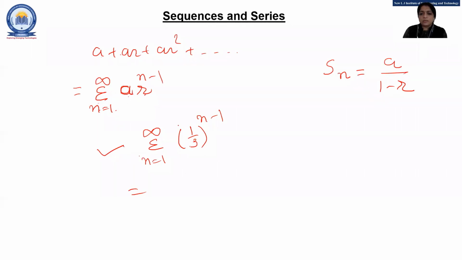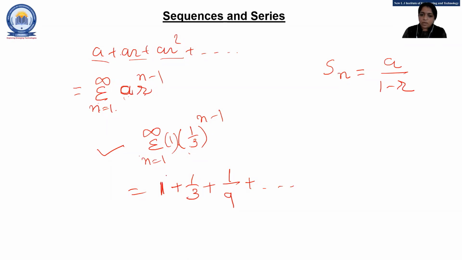If I want to write this series in the summation form, what is my first term? By comparing these two, there is no a, so my a is 1 here. So my first term is 1 plus, what is my second term? That is my ratio, 1/3. The next term is 1/3 square, so 1 by 9, and so on.